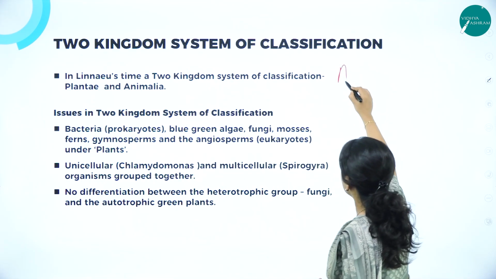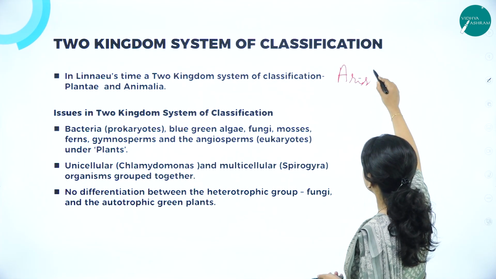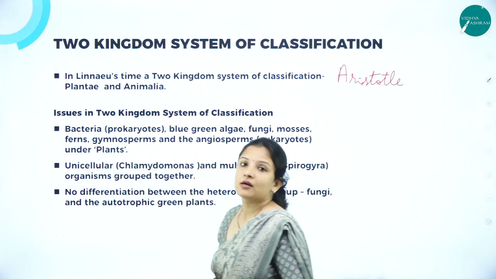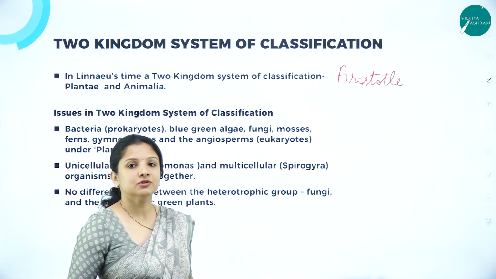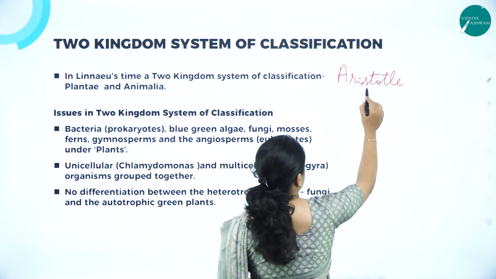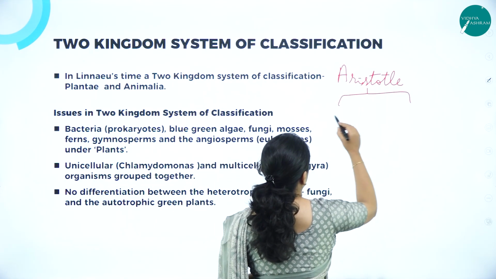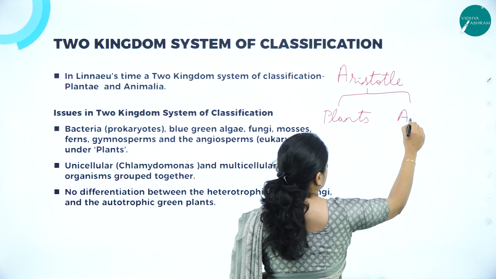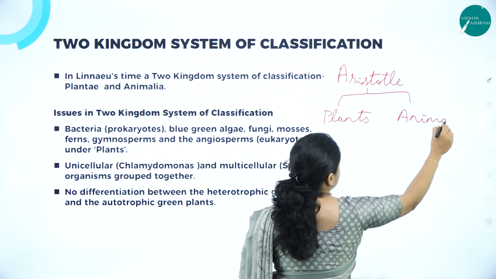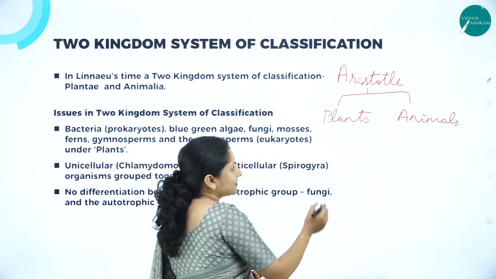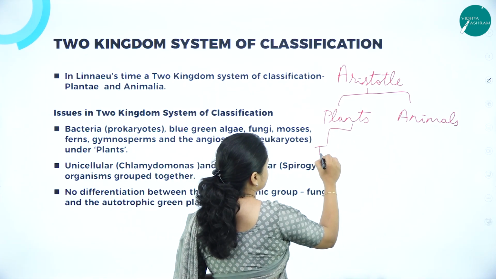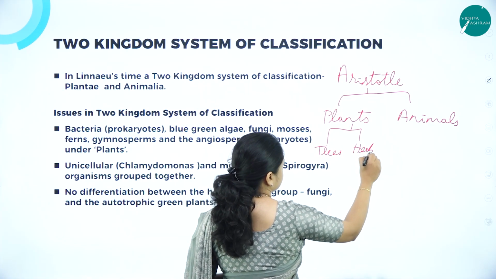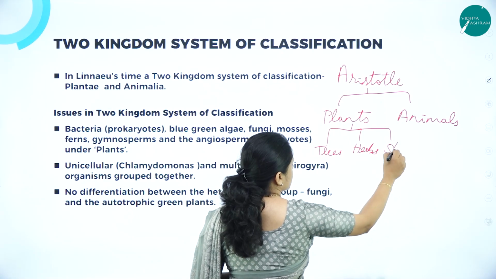He was a philosopher, Aristotle. Aristotle classified the organisms into plants and animals. Exactly, he divided plants based on trees, herbs and shrubs.